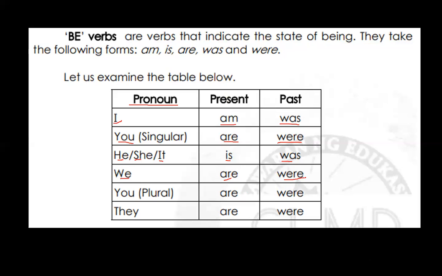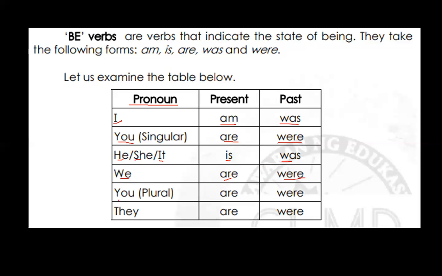Now we use "we" if you are talking about yourself and the person in front of you or beside you, or who is with you right now. We are using "are" if we are telling the things that are currently happening. We are here at the online class. We were not here yesterday. Since yesterday was mentioned, it is clear that the thing happened in the past. Nangyari na yun nung Saturday.